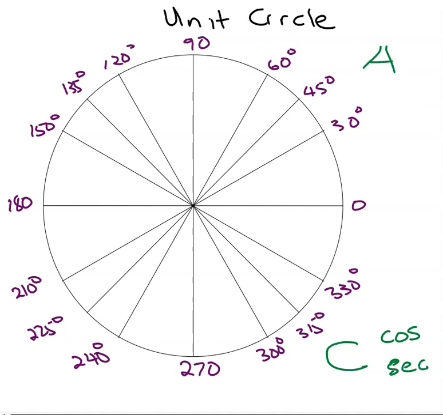Here we have A, which means all ratios here are positive. And over here we have S, so all ratios related to sine are going to be positive, so that will be sine and cosecant. And in this quadrant, all ratios related to tangent are going to be positive, so that is going to be tan and cotangent.